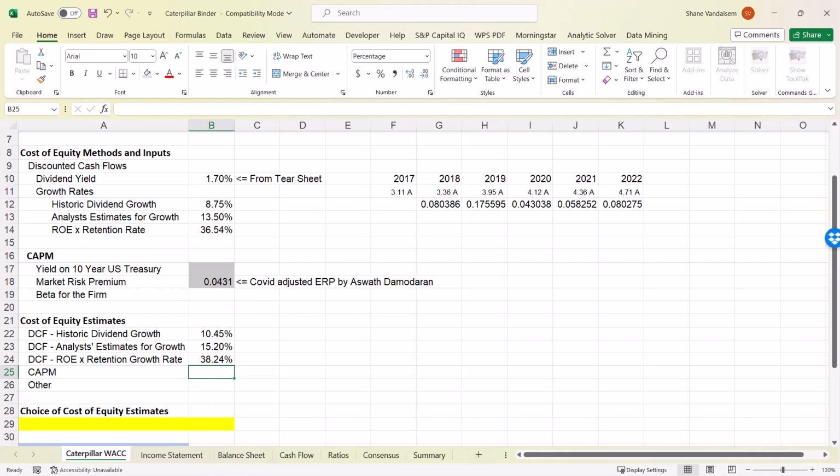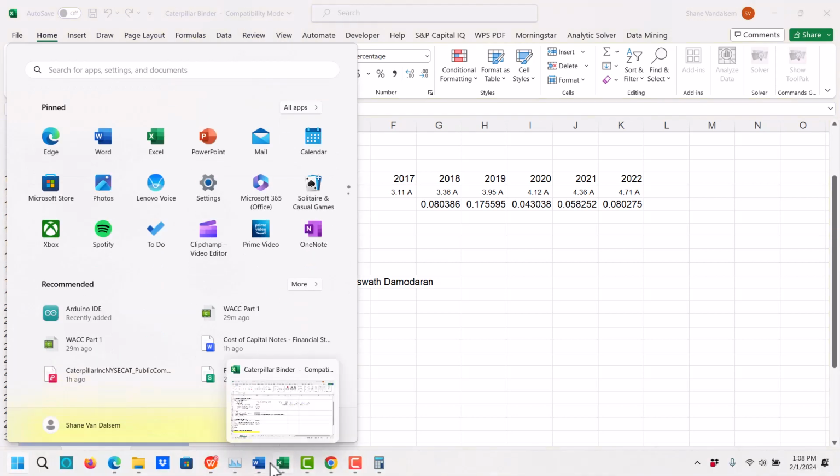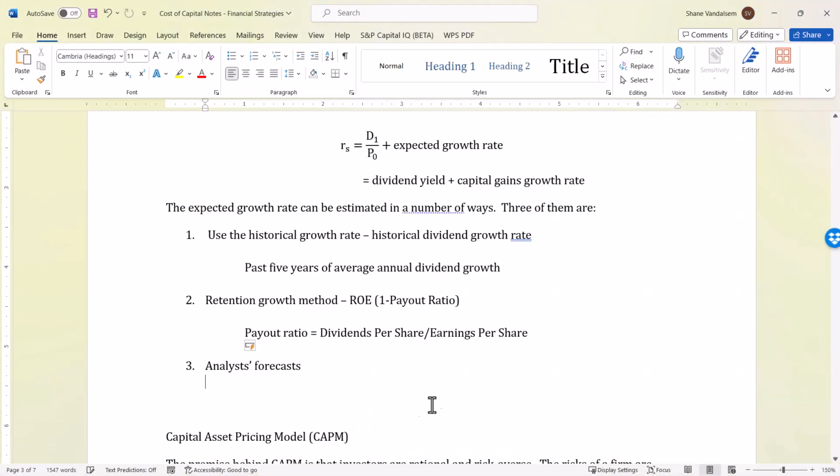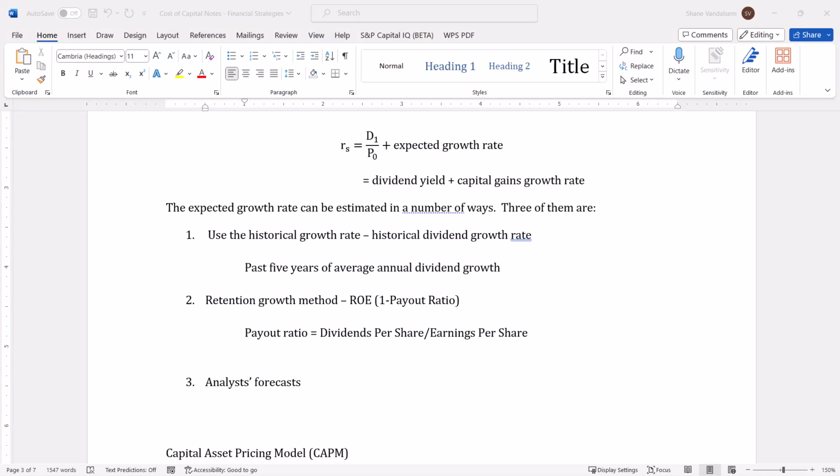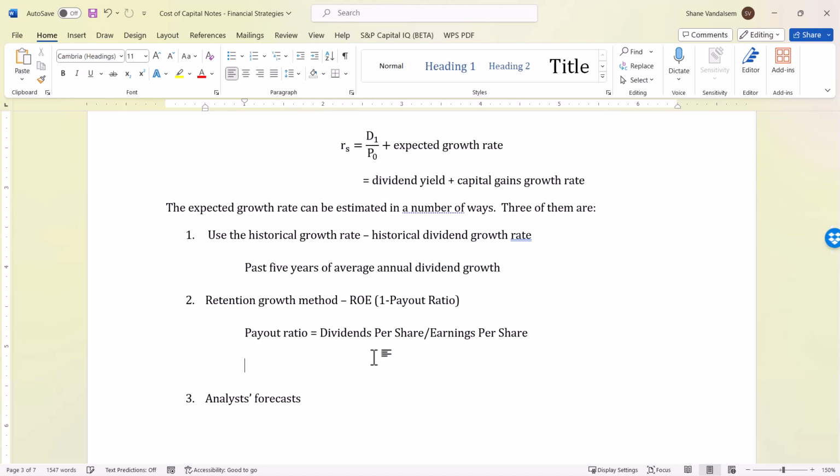So now I'm going to go back to the notes, and I'm just going to make a little bit of a note here on the retention growth method. Again, just repeating what I said before about why we consider this method. The idea behind the retention growth model is that the firm is expected to be able to provide the same return on the earnings that it retains as it does with its existing equity.